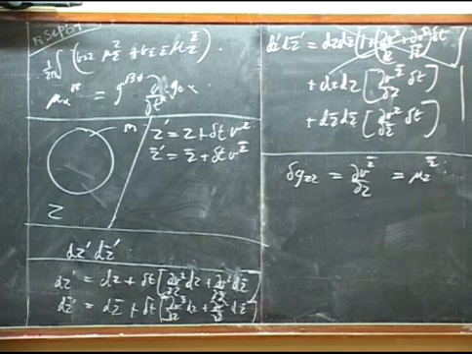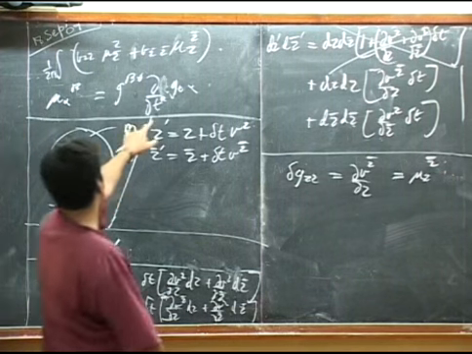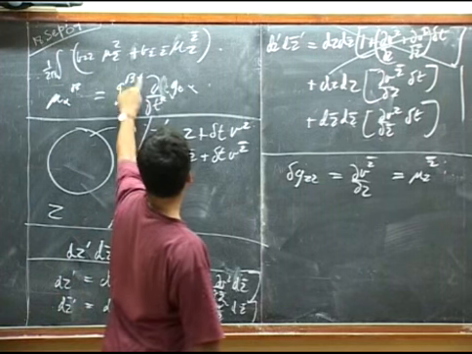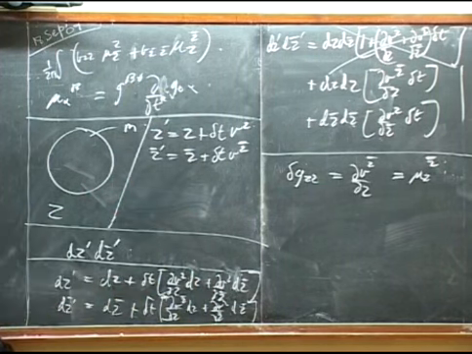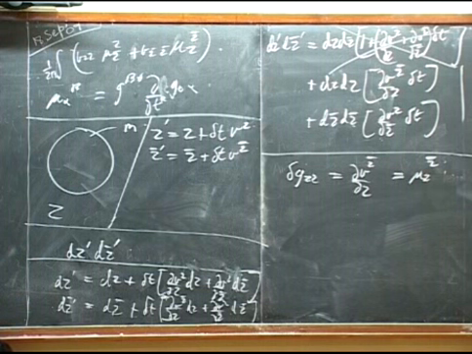Right, because this is delta gzz, and then we get a z bar that will be this.